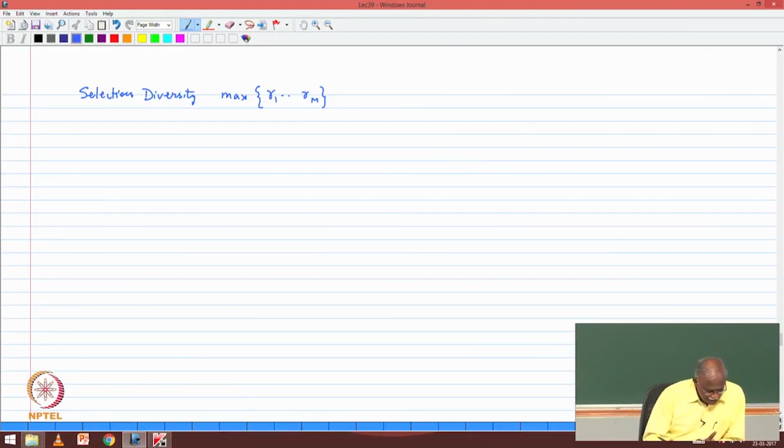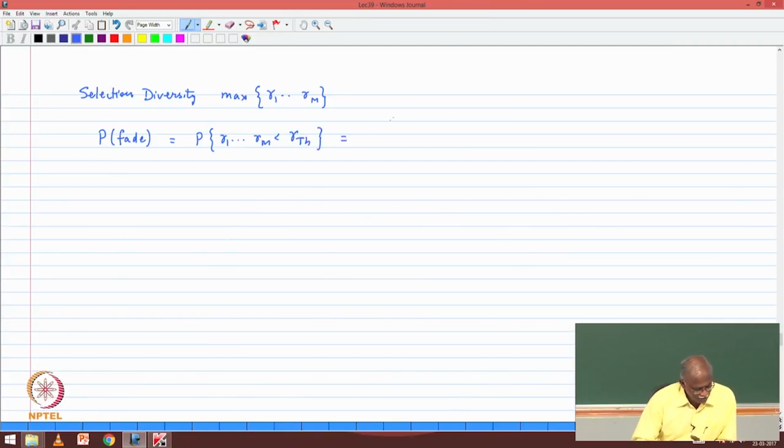And the statistics of a fading channel. So what is the probability that you are in a fade when you have selection diversity? This is the same as the probability that all your antennas are below the threshold for fade. This we showed is (1 minus e to the power minus gamma th by gamma) raised to the power m.